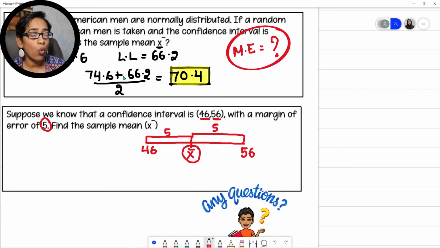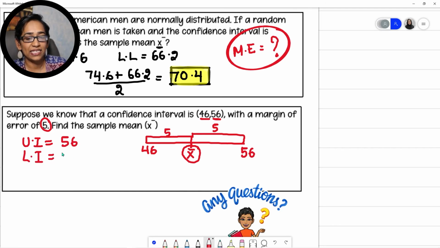Now, if you don't want to confuse yourself with two different formulas, you can just stick to one. Let's go ahead and do it that way. I'm simply going to add. So, boom. My upper limit is 56. My lower limit is 46.